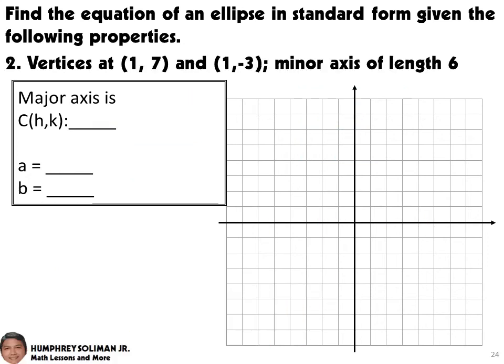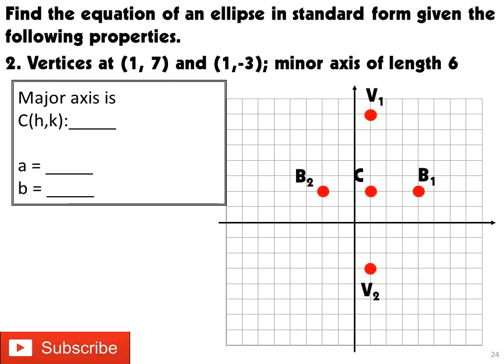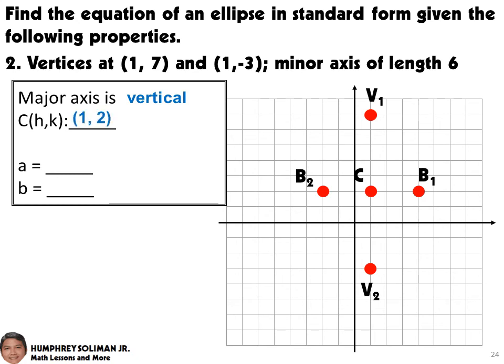In number 2, we have the vertices at 1, 7 and 1, -3, and the minor axis length is 6. If we plot the vertices and the endpoints of the minor axis, we can see that the major axis is vertical, and the center is at 1, 2. From here we get a is 5, and b is 3.